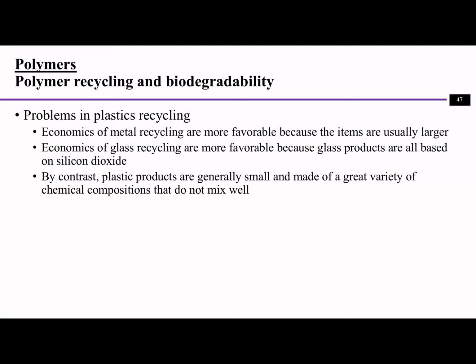The reason why plastics recycling is difficult is that plastic products are generally small and made of a great variety of chemical components, and we cannot mix them. It's not very good to mix them and then make a brand new product with the same properties. So that's why recycling has been really difficult.